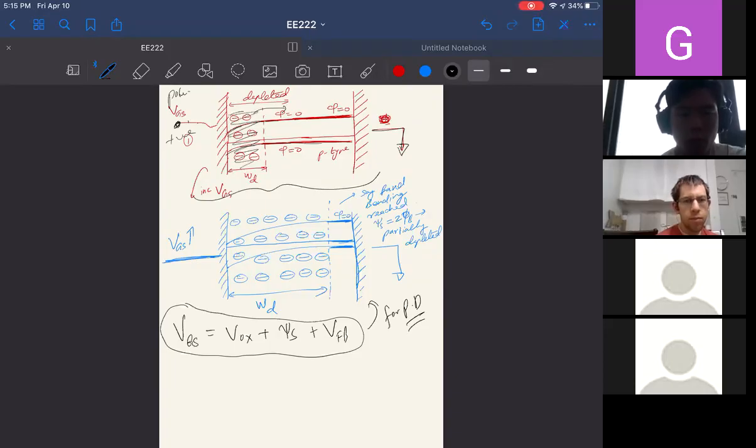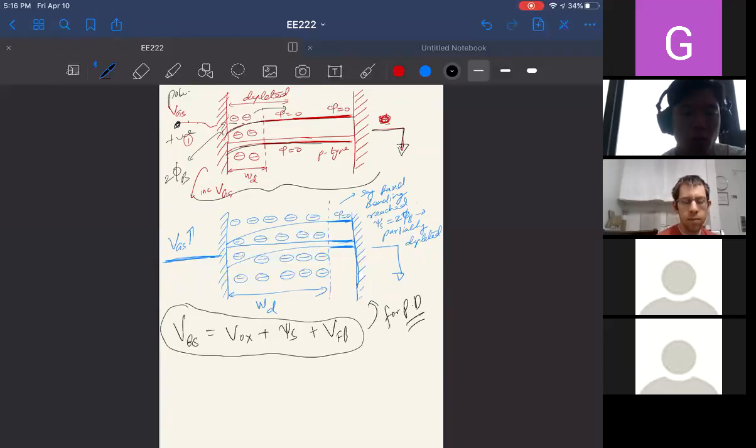What happens in a normal MOS is that the transistor is on when this band bending reaches a certain value called 2 phi B. When the surface potential reaches 2 phi B, that's when the electron concentration on the surface is the same as the hole concentration in the bulk.